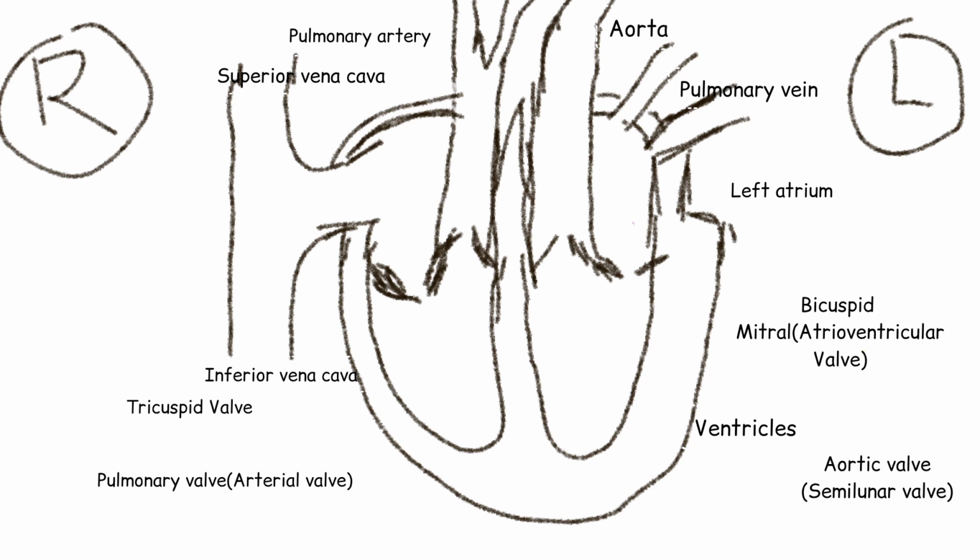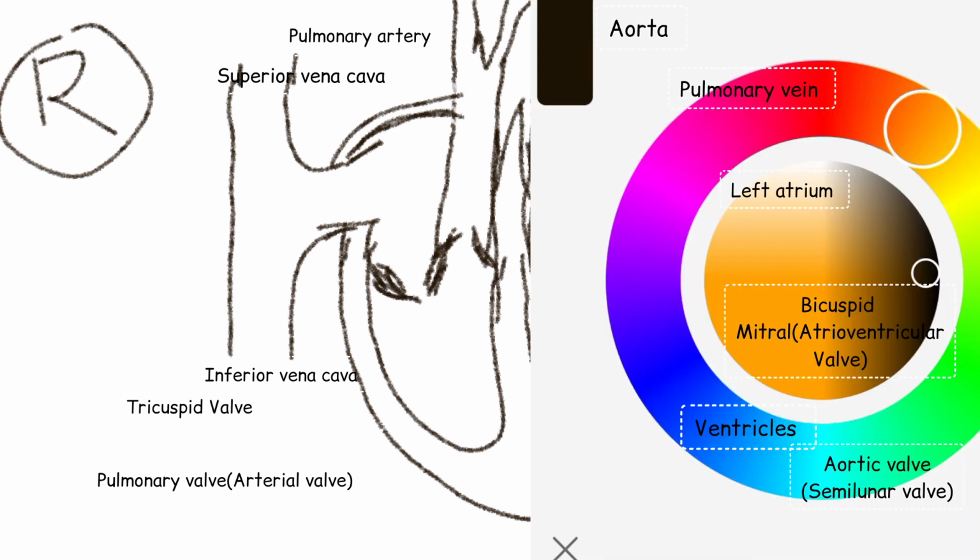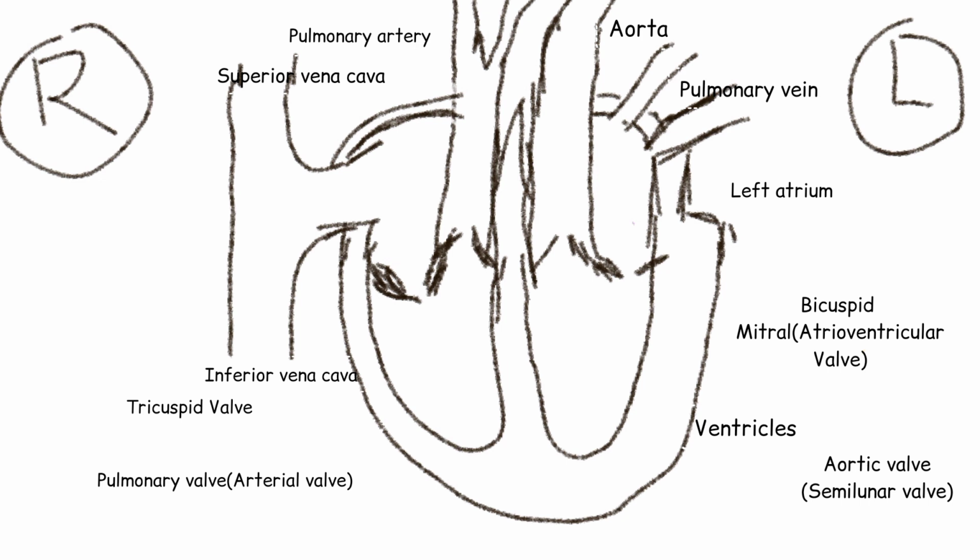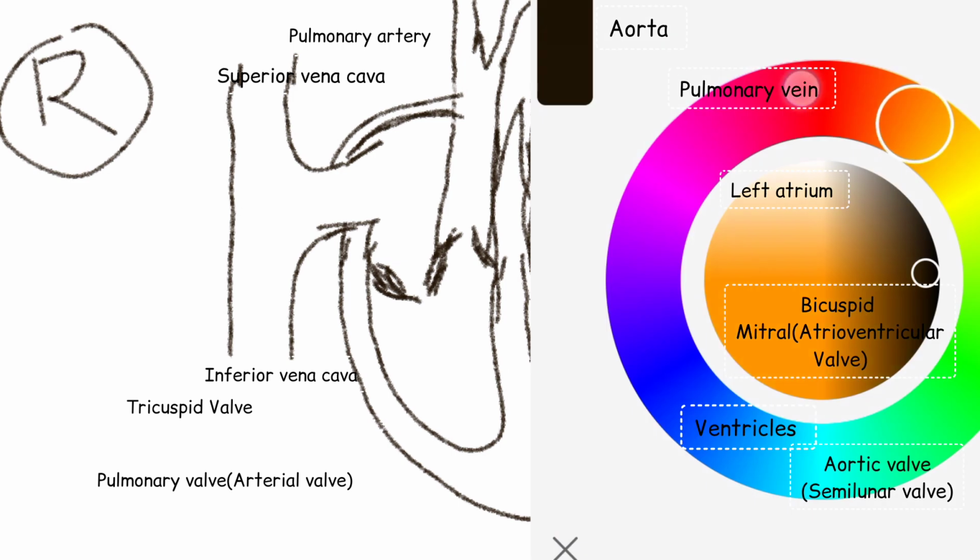So what we can actually do now is start to describe the flow of blood through the heart. The blood coming back from the lungs comes back into the pulmonary veins, and this blood is oxygenated. If you do an oxygen saturation test on yourself, you'll probably find your saturations are anywhere between 96 and 100%.